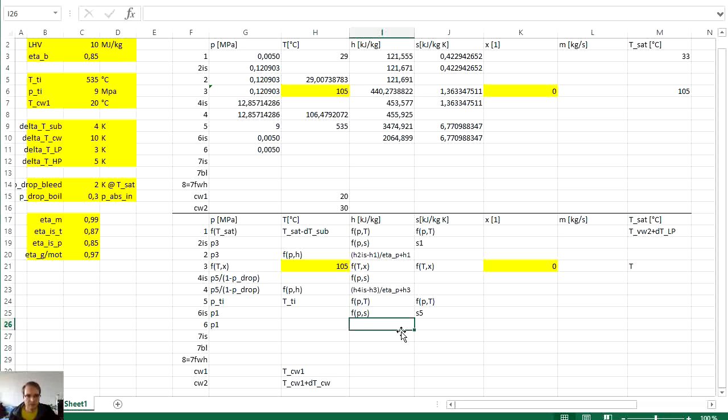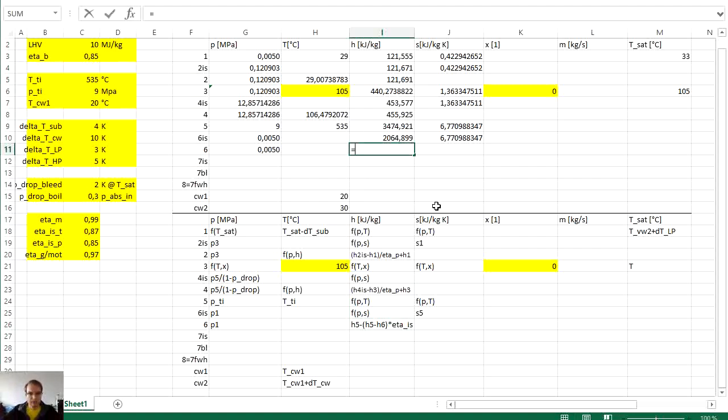And for the enthalpy after real expansion, the expansion decreases our enthalpy, so it will be the enthalpy at point 5 minus the enthalpy drop, which is H5 minus H6, but multiplied by the isentropic efficiency. So the actual enthalpy drop will be lower.